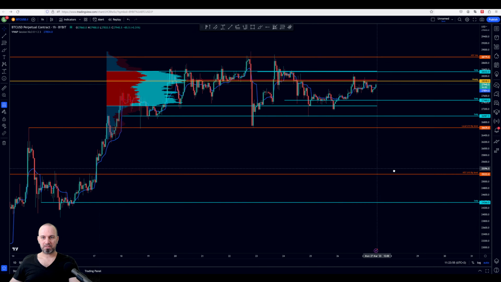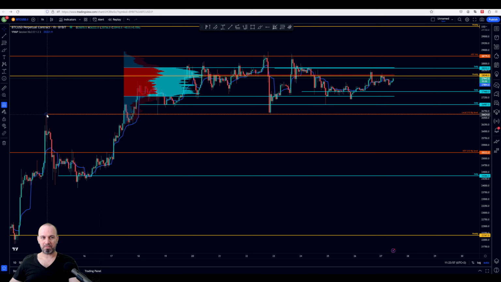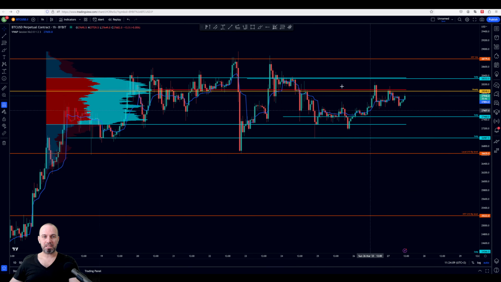In between, we are forming a range between this pivot here, this high, which is acting as support, and obviously high time frame value area low. We are forming a range here, and within this range, we do have a fixed range pool, giving us the point of control, value area low, value area high, and also in between, we do have a couple of levels, daily, weekly, daily.